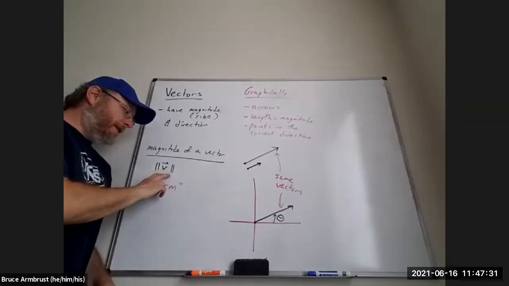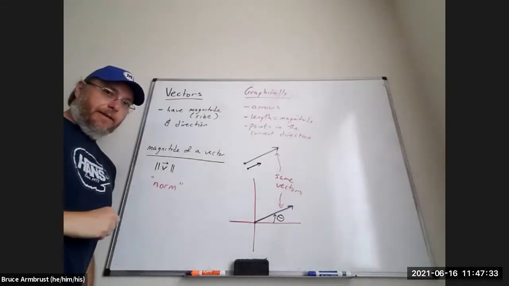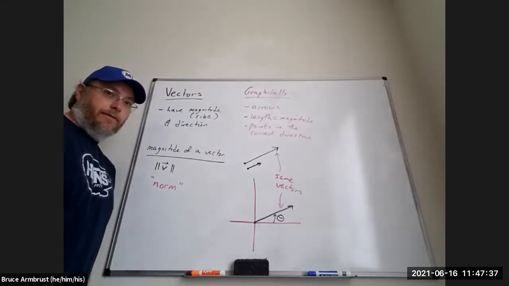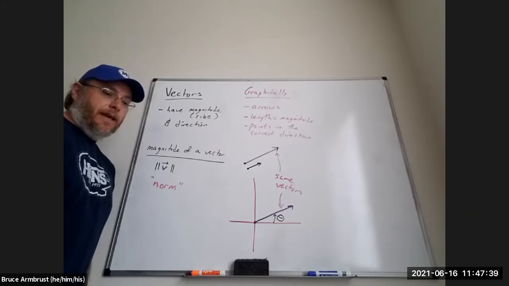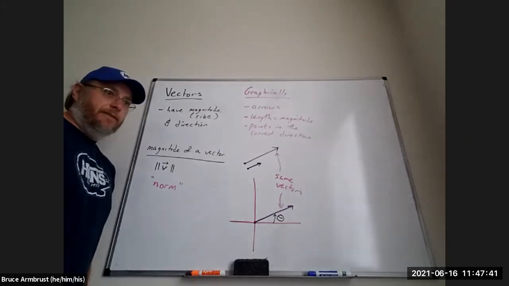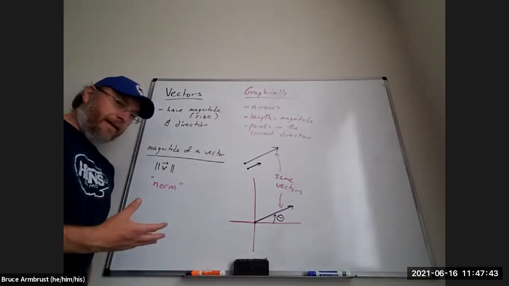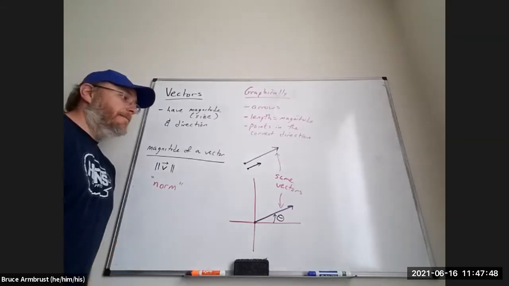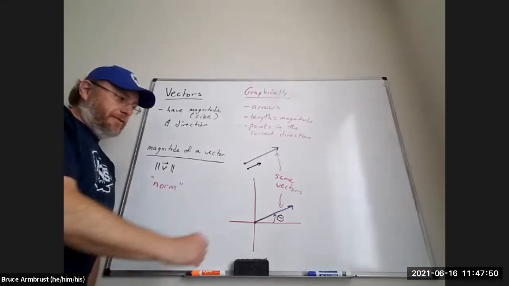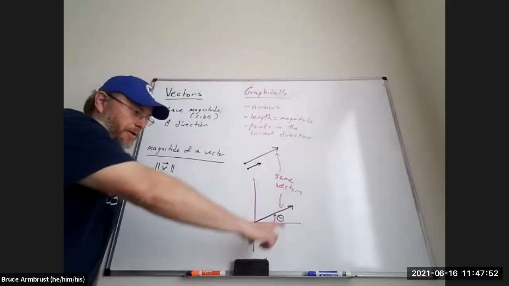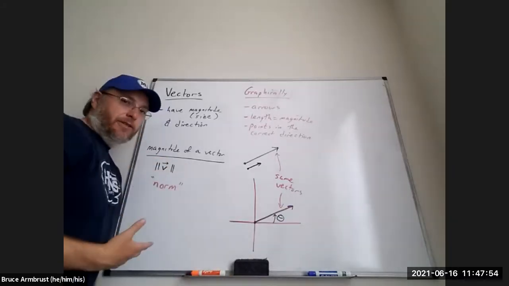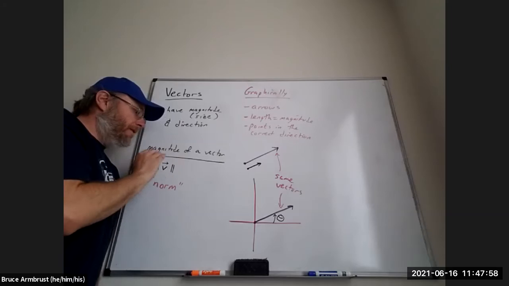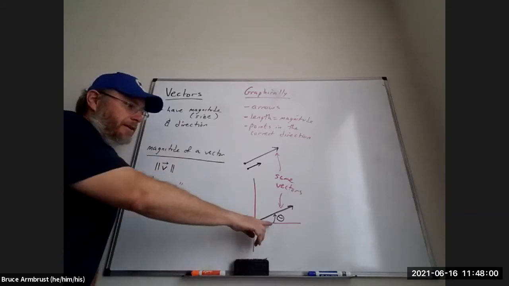All right, so if you ever see this symbol, the double absolute value, or you see something asking about the norm of a vector, then, well, that's the length of it. That's its magnitude, that's its size. And so graphically, it's really easy. You just measure it, right? You take a ruler, measure that length, that's your norm. All right, anyway, so we've got our magnitude and we got our direction.